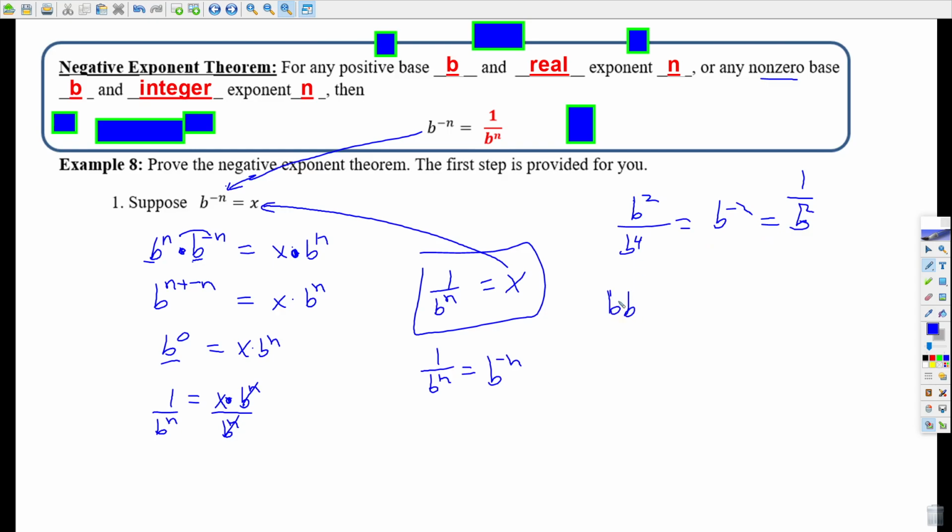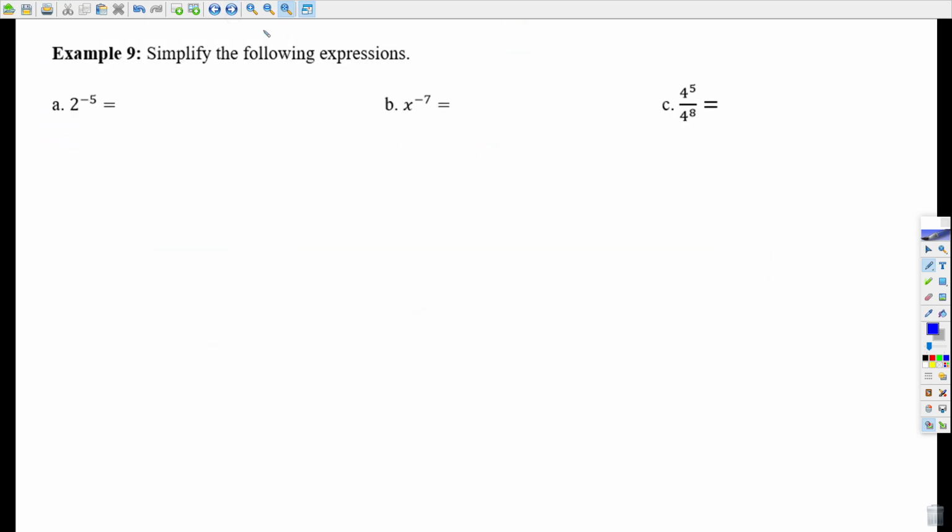You could say b times b is b squared. b times b times b times b is b to the fourth. And you say, okay, well I'll just cross them out. 1, 1, 1, 1. There's 2 left on the bottom, nothing left on top, so it'd be 1 over b squared. So you end up getting the same thing, just using the properties a little faster. Obviously, you would not want to write them all out every time.